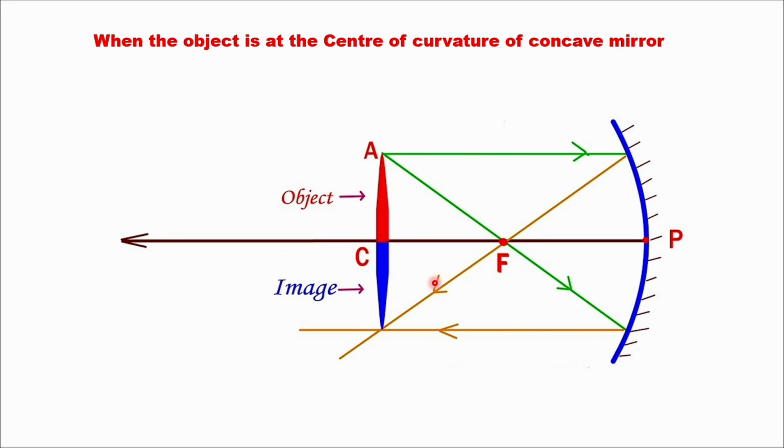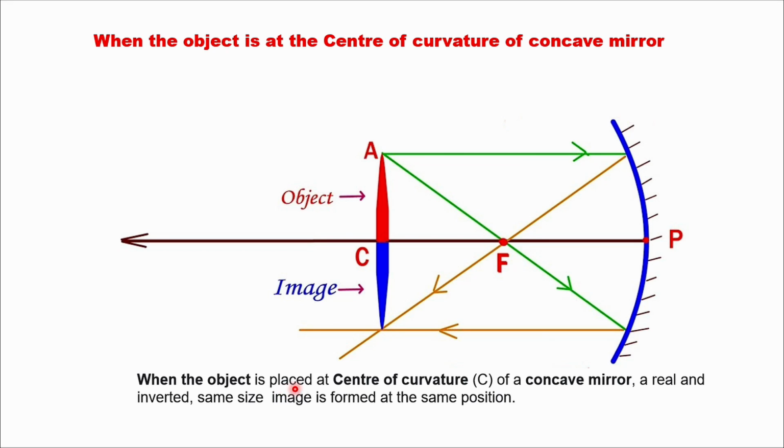What is the same position? That is C. So when the object is placed at the center of curvature of a concave mirror, the image is real, inverted, same size, and it is formed at the same position, capital C.